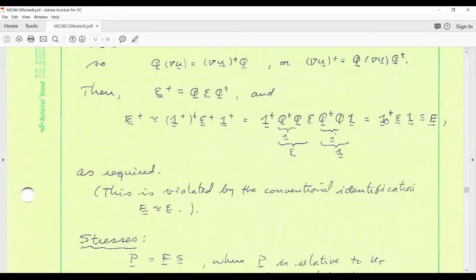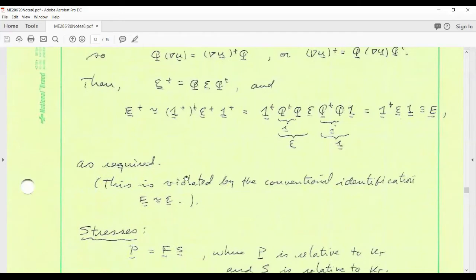It was essential to have these shifters participating in the formula in order to guarantee the invariance of E itself, the strain, under superposed rigid motions. And this violation in the standard treatment, say for example in linear elasticity, is what leads to the erroneous conclusion that linear elasticity is defective in the sense that it's not frame invariant.